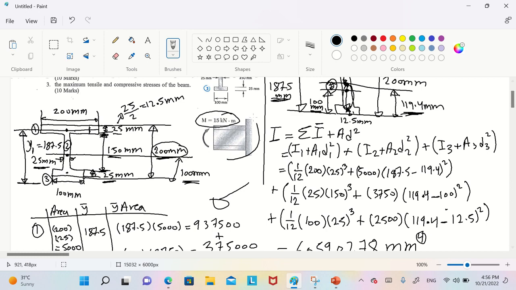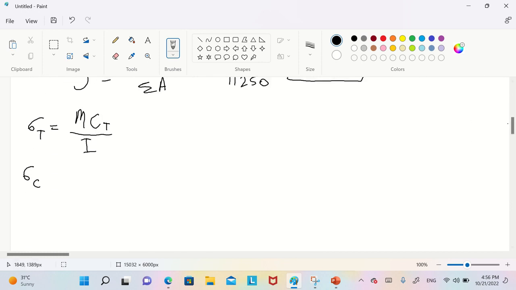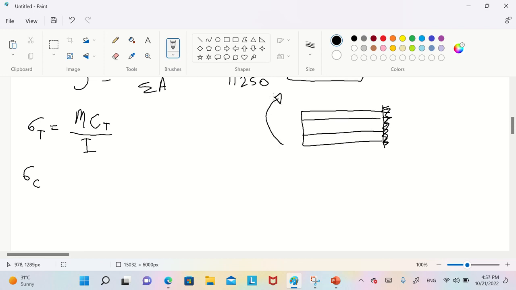Now as you see here, I will draw it again, down. This is the moment. So here it's getting tension, and here compression.